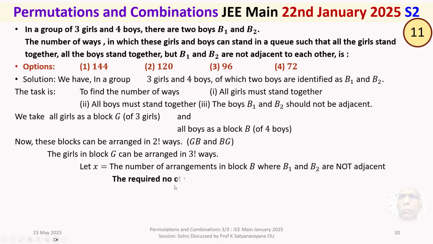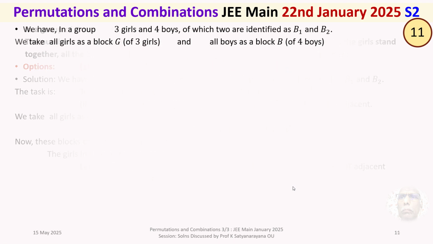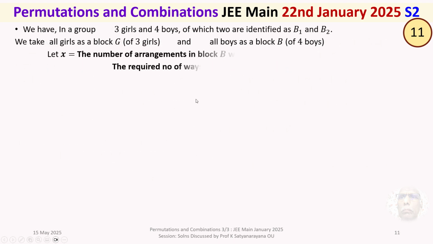Then the required number of ways is given by 2 factorial into 3 factorial into X. So our task is now to find X. That we do in the next slide. That's what we have done so far, and our task is to find X.